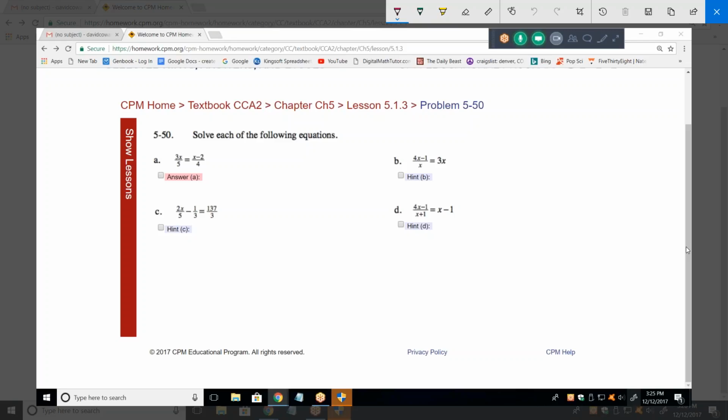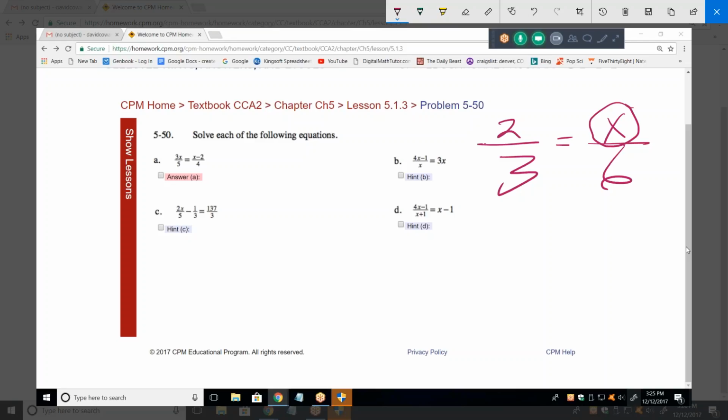Okay. The only time you don't is if I have something like the following. Let's say I had 2/3 equals x over 6. Now there's only one x in the problem. It's that right there. So if I'm going to solve for x, all I got to do is multiply both sides by 6. And I get x equal 4.